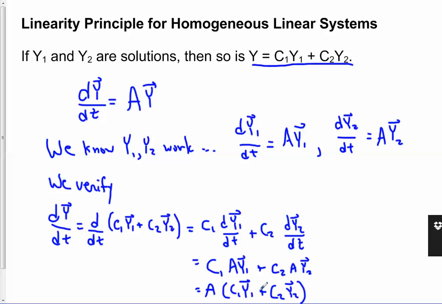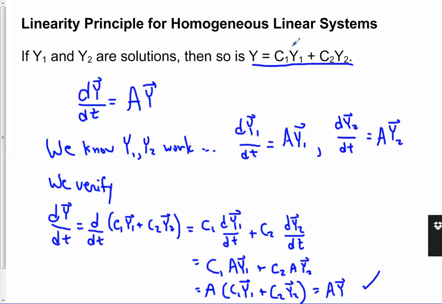And that leaves c1y1 + c2y2, which was my original y, the thing I substituted in for y. So I get Ay. And so sure enough, reading from left all the way to the right, dy/dt does equal Ay, which means it is a solution. So that proves that this linearity principle is always going to hold.